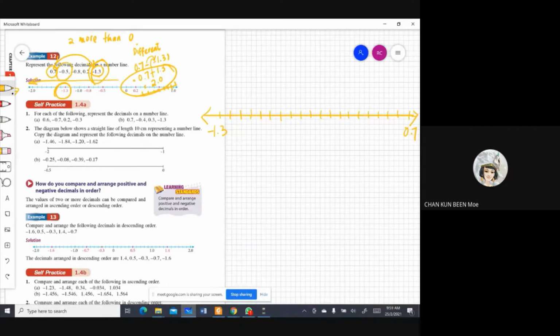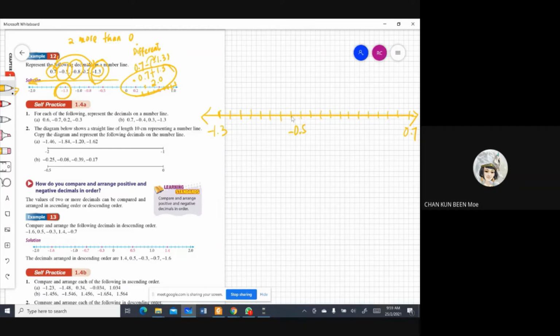Where is negative 0.5? If this is negative 1.3, this will be negative 1.2, negative 1.1, negative 1.0, negative 0.9, negative 0.8, negative 0.7, negative 0.6, negative 0.5, this part. So write down negative 0.5. Followed by, we have negative 0.8. Okay, we have to go backward.